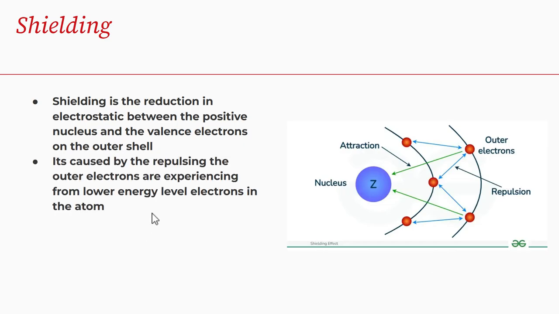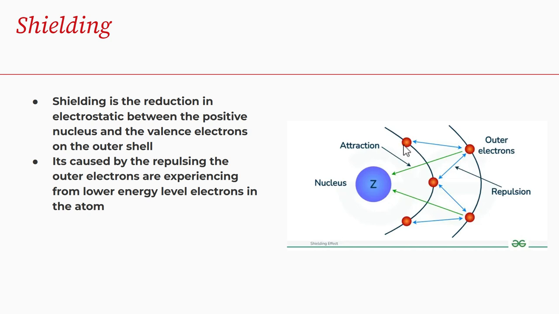Basically, what's happening is that the outer electrons are normally attracted to the very high positive charge of the nucleus. So that's how they're pulled together. But when you have inner shells with electrons, those like charges, because they're both negative, repel each other.